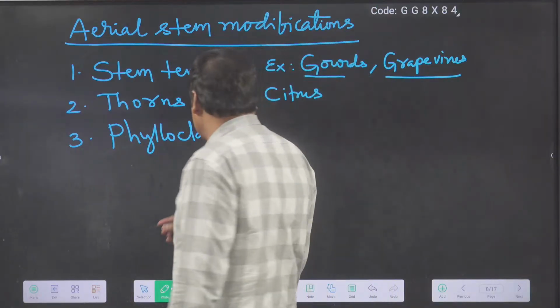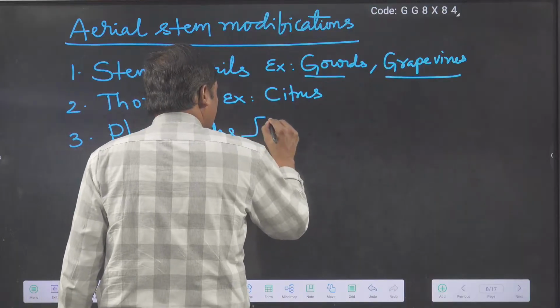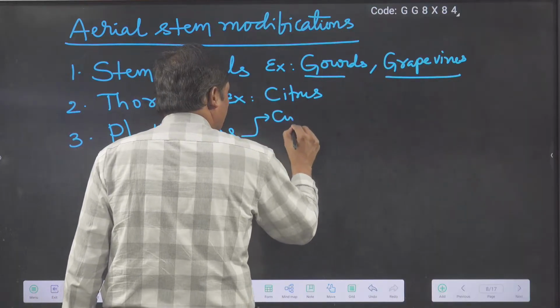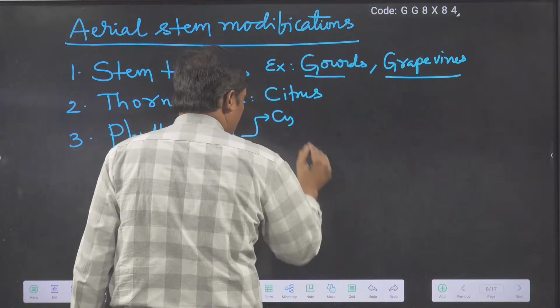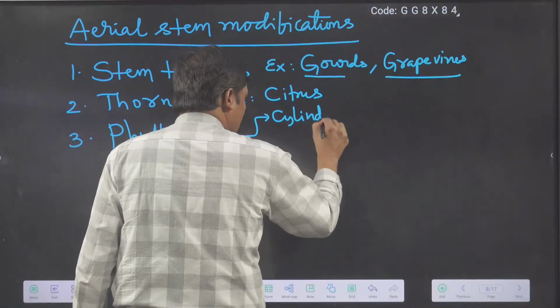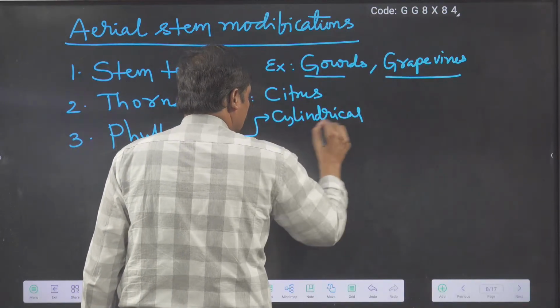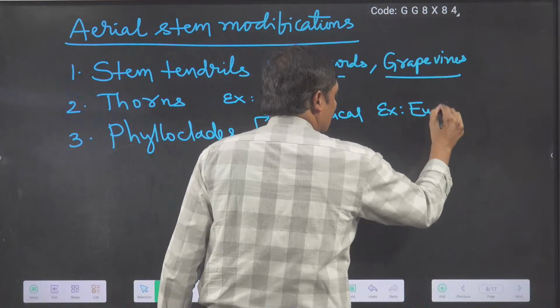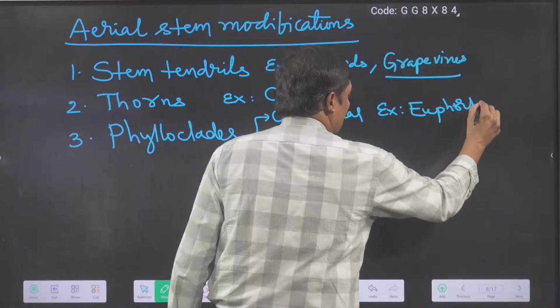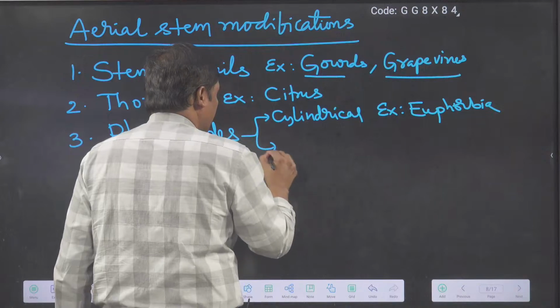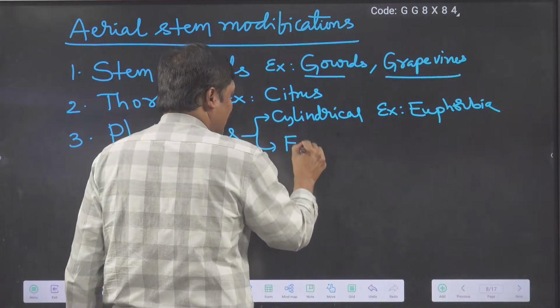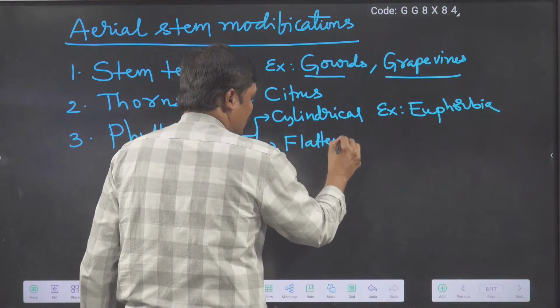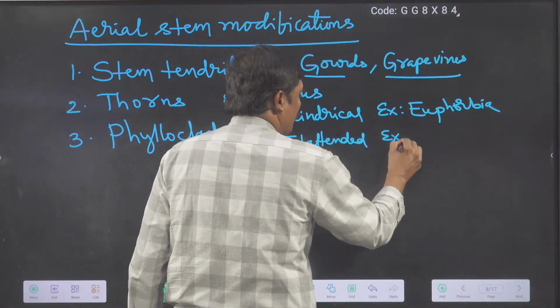The phylloclade may be cylindrical or flat-ended. The phylloclade may be cylindrical in shape, for example, euphorbia. Similarly, the stem may be flat-ended, leaf-like in case of opuntia.